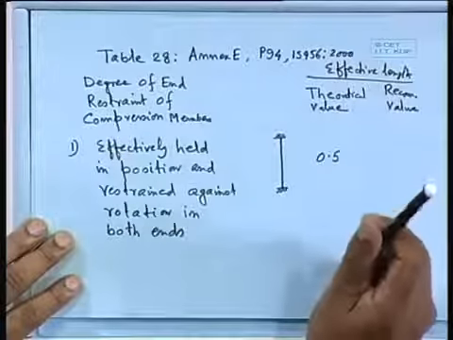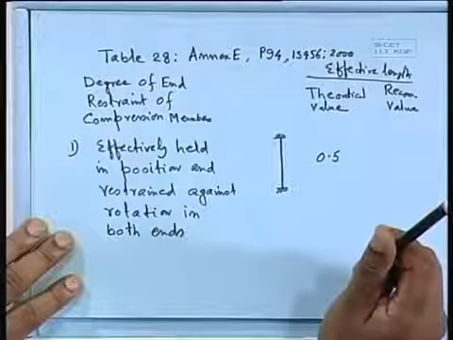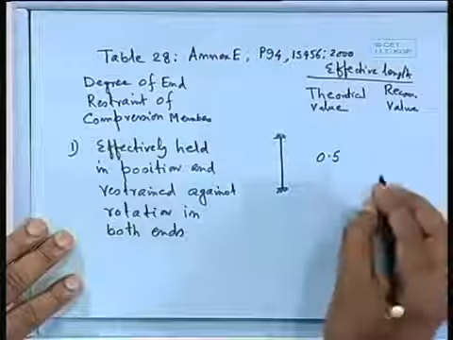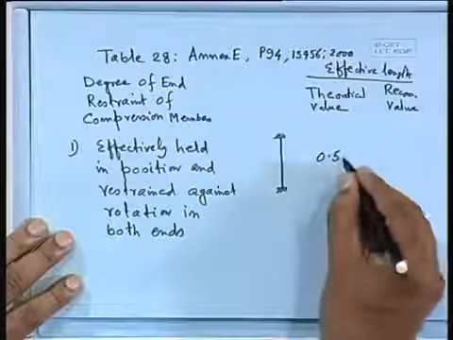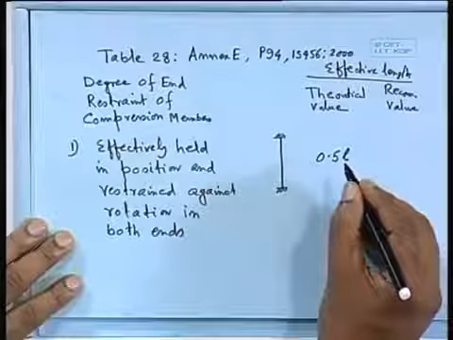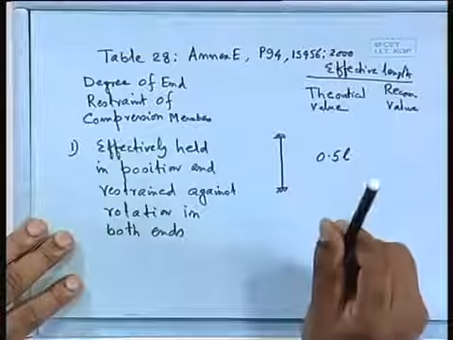I hope that you have done column buckling in your third semester in solid mechanics. Those of you who have done it, at least civil engineering students. So 0.5 L, you can consult Srinath also. Those who have not done it, you can consult Srinath also.